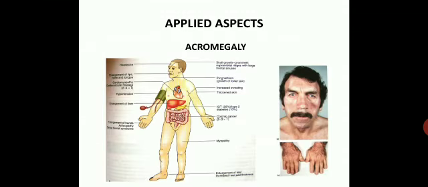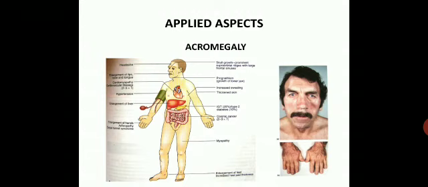So acromegaly, in this diagram we can see the features of acromegaly. This kind of person will have prominent supraorbital ridges with large frontal sinuses. Then thickened skin and enlargement of the feet, increased heel pad thickness, and also enlargement of hands, arthropathy, and enlargement of the liver, lips, nose and tongue.